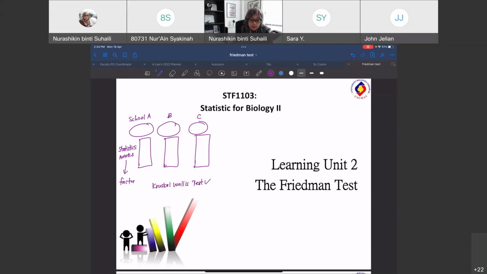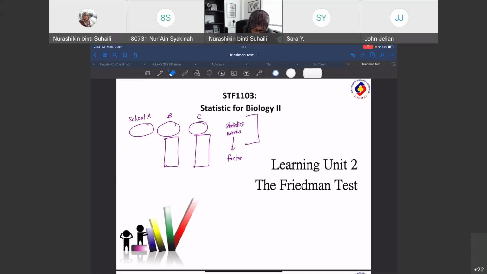But what happens if we want to compare statistics marks for all three groups, but we also want to compare something else?